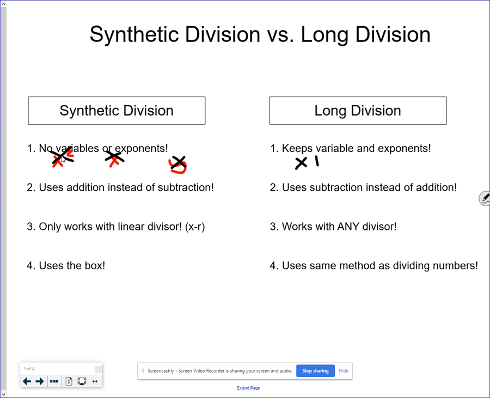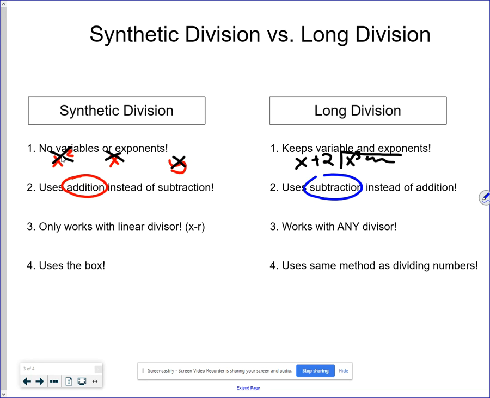So if you remember, it could be something like x plus 2 into x cubed, and so on and so forth. So you do keep your variables and exponents with long division. With synthetic division, we did addition instead of subtraction. With long division, we were using subtraction instead of addition.